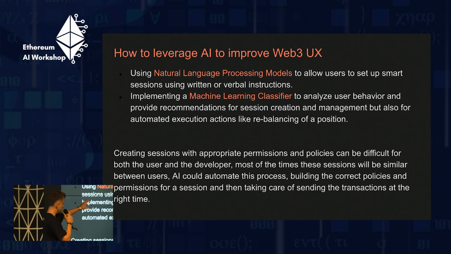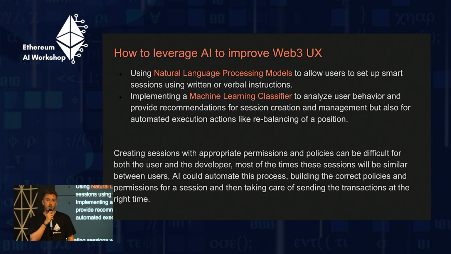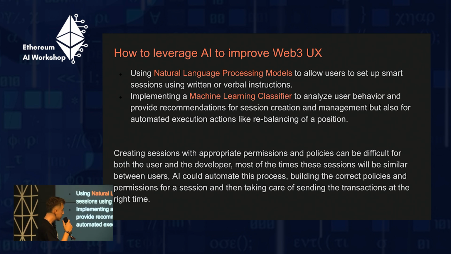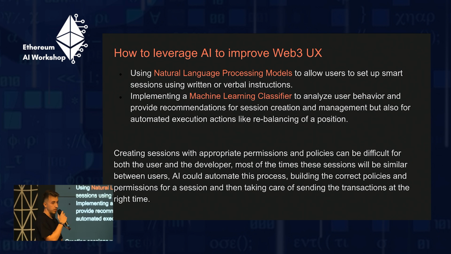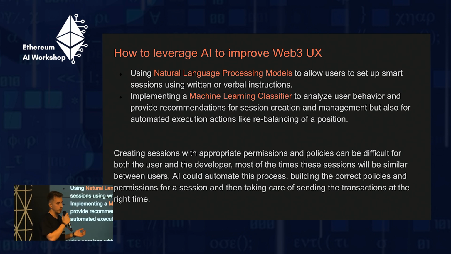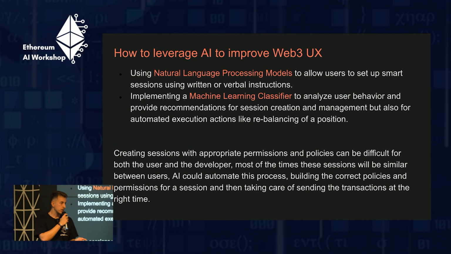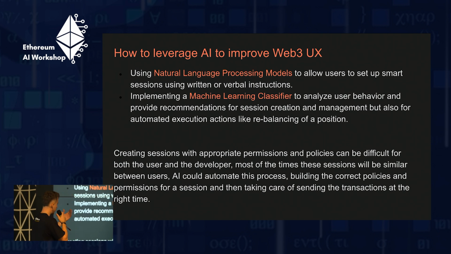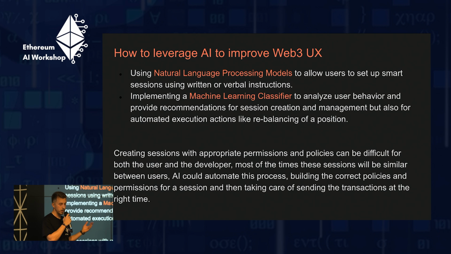And you can use something like a machine learning classifier to analyze the user behavior, market trends, market conditions, maybe past user transactions, and then you can come up with the best permission object for the user so that he doesn't have to know what permissions to really give to the AI agent, but we recommend something for him. Of course, if he wants to change it, he can change it, right?